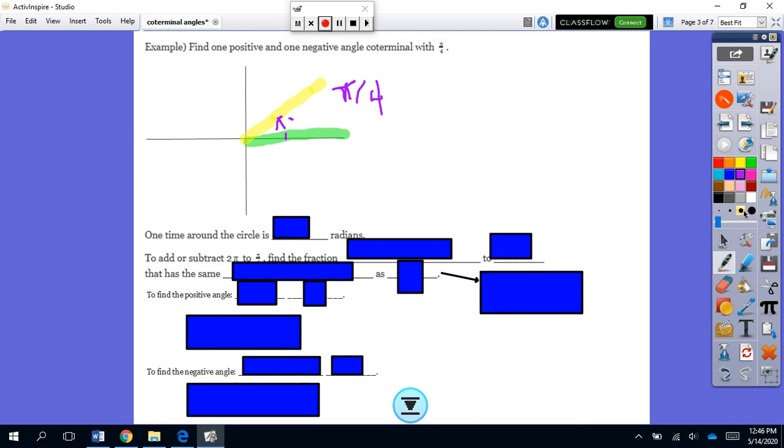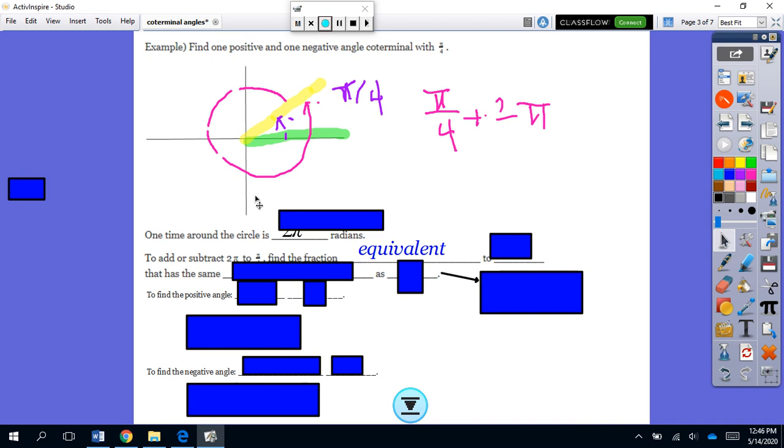Now what if I go around again? Well, that means I'm adding 2 pi, because one time around is 2 pi. So I want to do pi over 4 plus 2 pi.